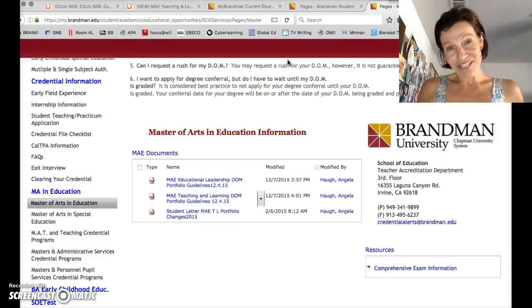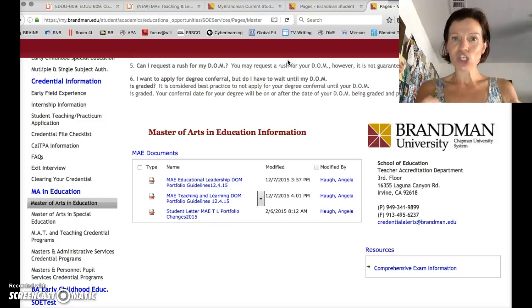You've done all the work in the individual classes, but as a singular, summative demonstration of mastery, each one of those signature assignments is a key artifact that you use to help respond to a specific prompt that is based upon the program learning outcome, the PLO, that is the heart and soul of each part of your program.